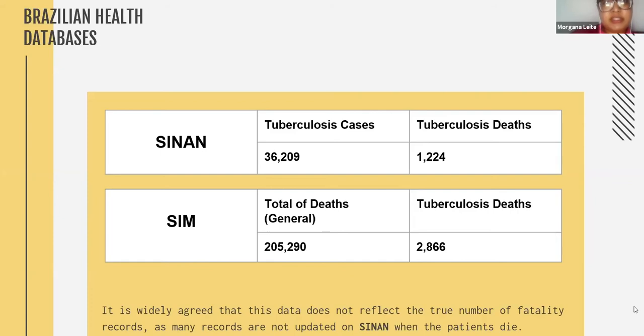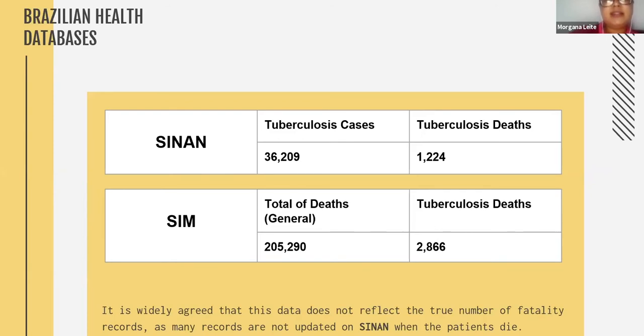Before we did our research, the SINAN had more than 30,000 tuberculosis cases registered. From those, more than 1,000 were tuberculosis deaths. In the SIM, the total of deaths in general was more than 200,000. From those, more than 2,000 were tuberculosis deaths.